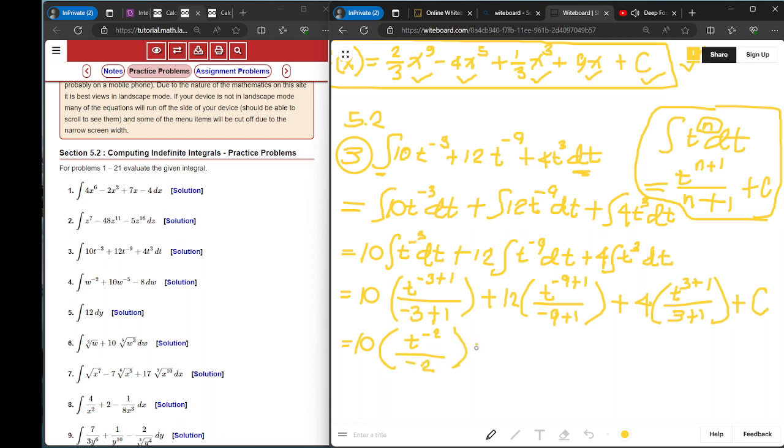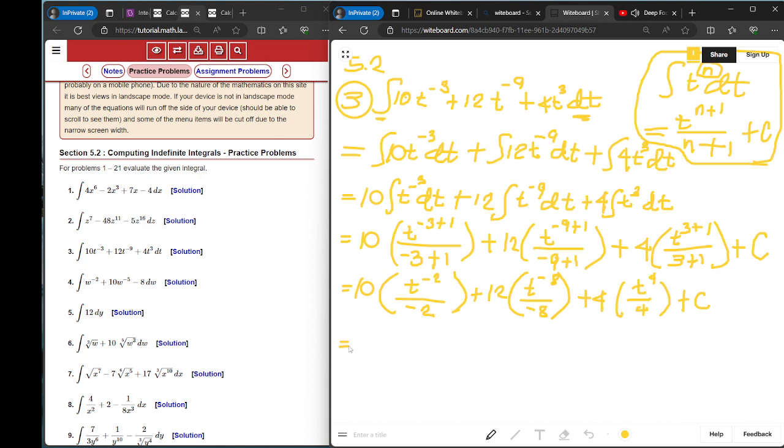Plus 12 times t to the negative 9 plus 1 is negative 8, over negative 8, plus 4 times t to the 4 over 4, plus c. Our exponent here is positive.